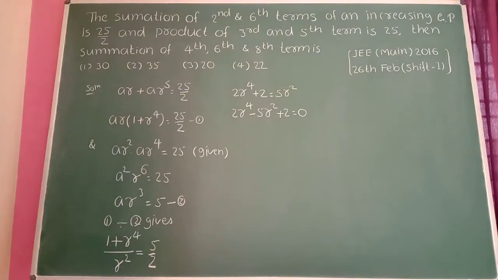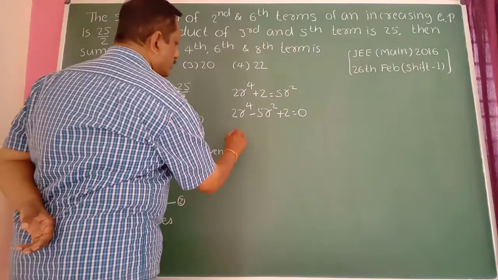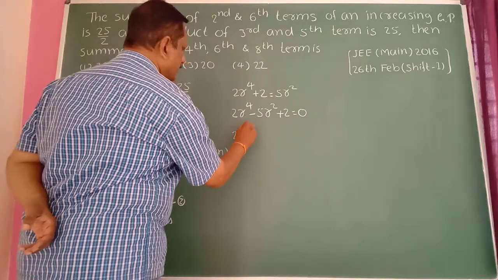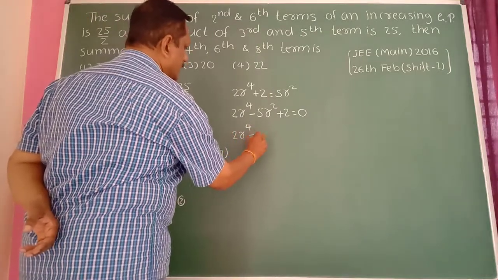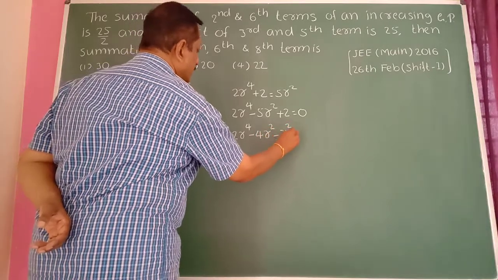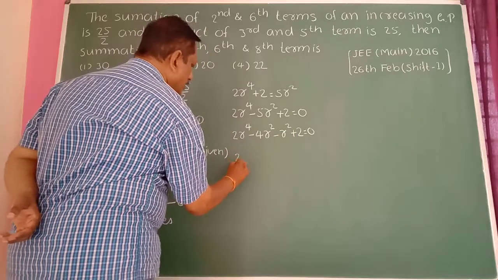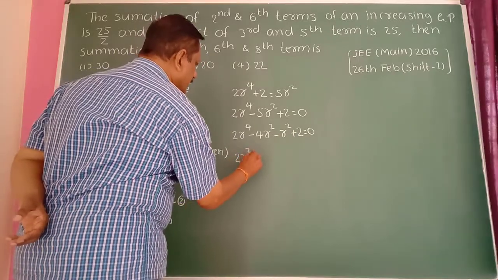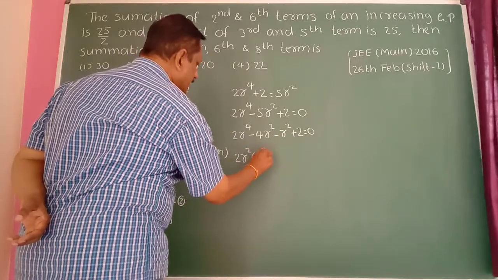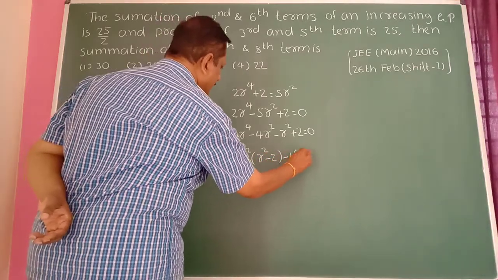Two numbers are minus 4 and plus 1 here. So 2R^4 minus 4R^2 minus R^2 plus 2 is equal to 0. 2R^2 is the common factor, therefore R^2 minus 2, and minus 1 is the common factor here.